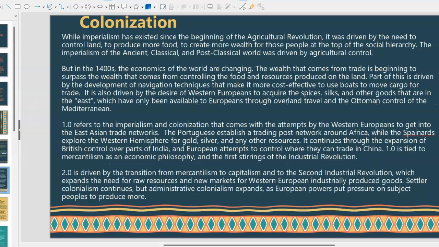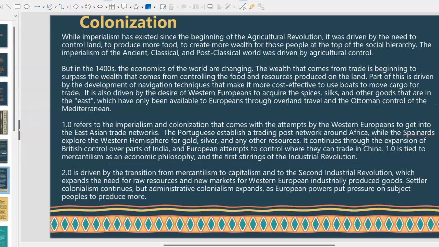In 2.0, the empires are being built specifically on the idea that they're not going to allow their other colonies, like China, the Middle East, India, any of these areas, to industrialize. And in fact, one of the key goals is to prevent that.